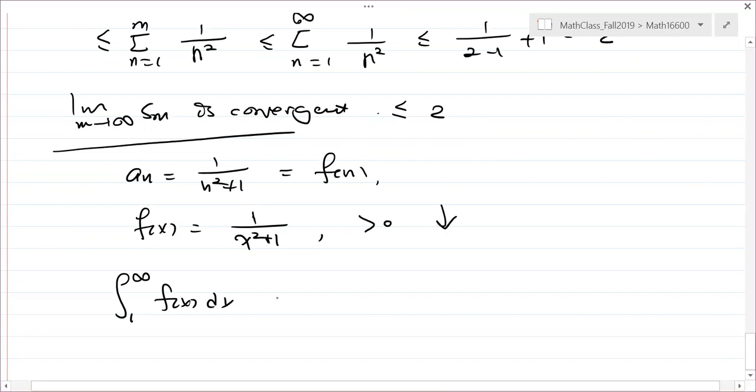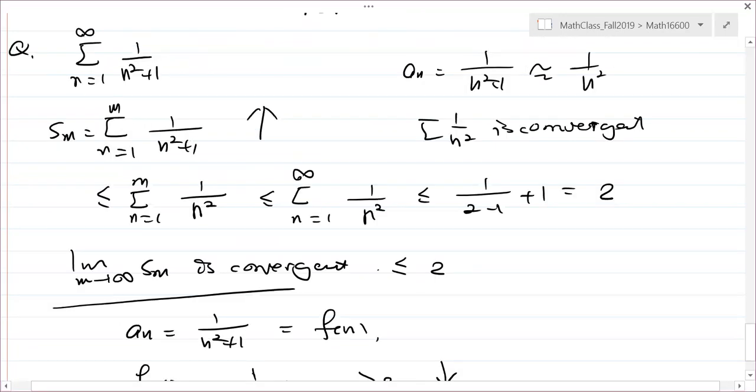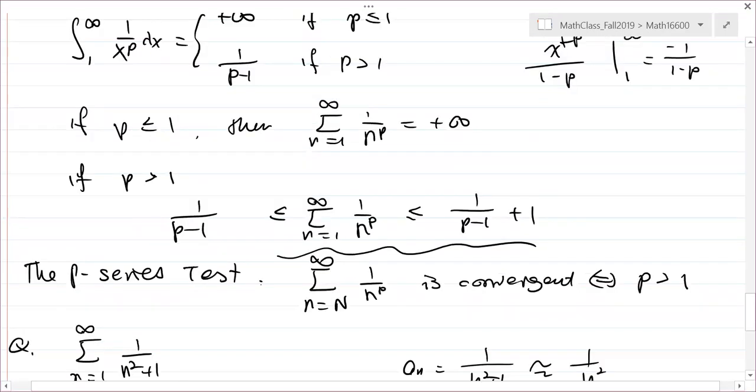So the question is, is the integral finite or infinite?